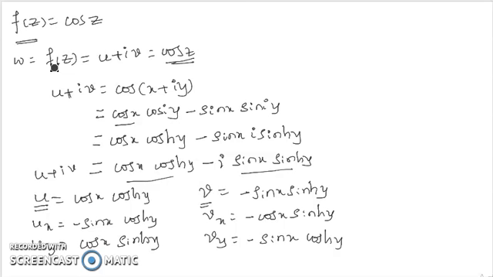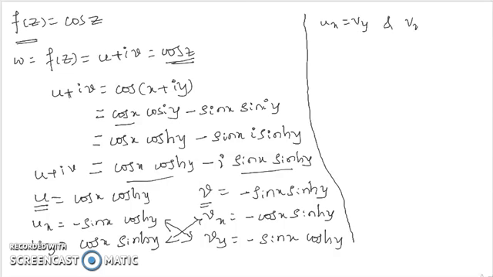Now you check these two by the CR equations: Ux is equal to Vy, and Vx is equal to minus Uy. So therefore the CR equations are satisfied, meaning Ux equals Vy and Vx equals minus Uy.